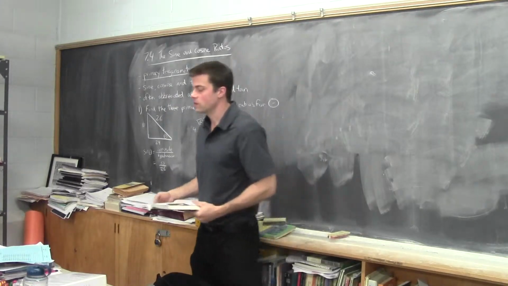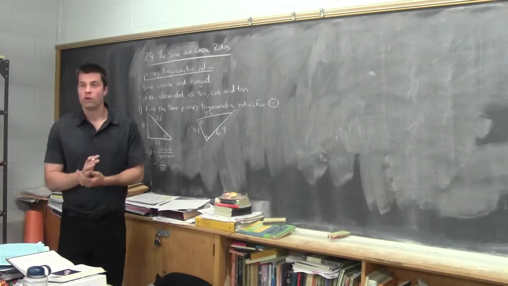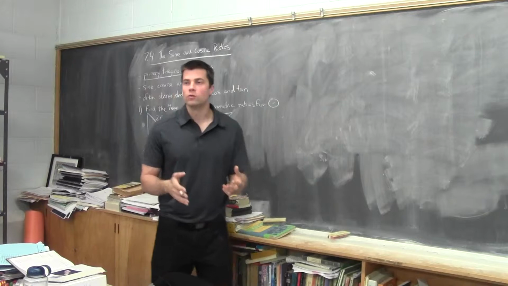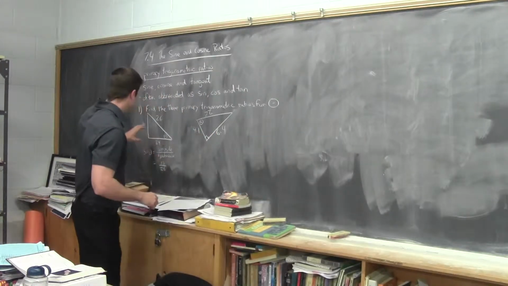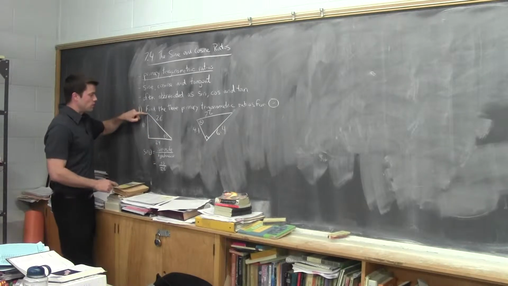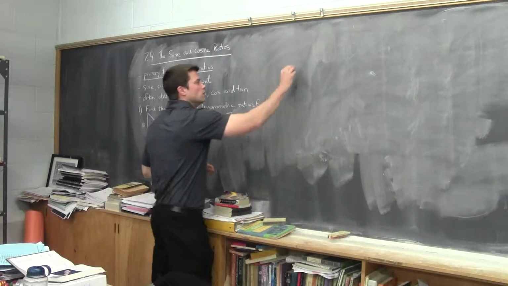The reason we learn the tan ratio first is typically when you're dealing with word problems or problems outdoors, you can relate, if you think of a triangle like this, it's kind of like a ramp. Typically it's easy to measure these two, or maybe think of it as a tree.